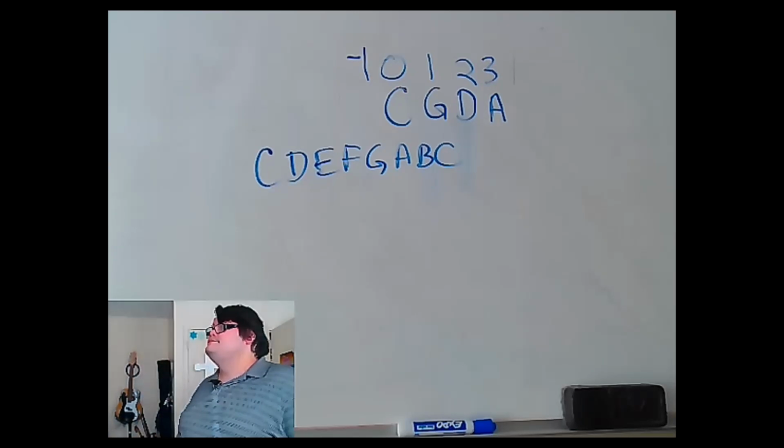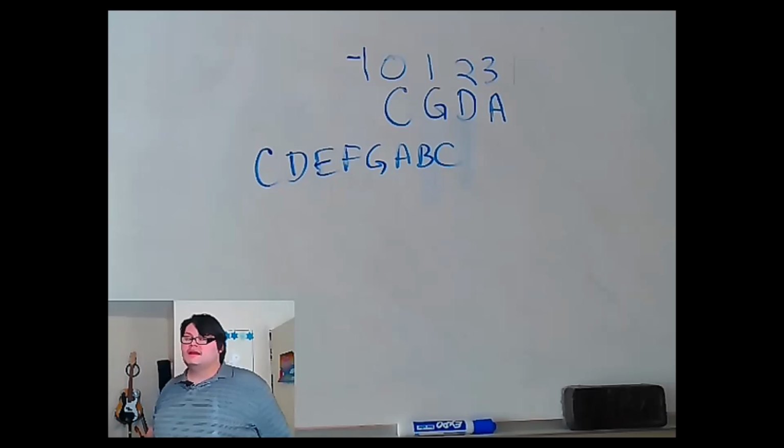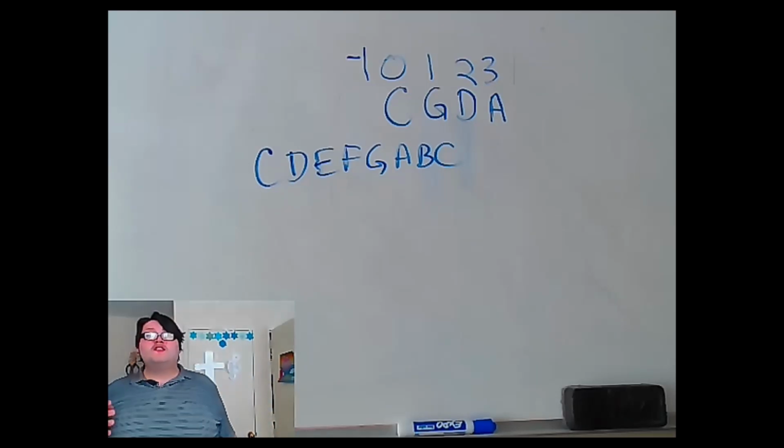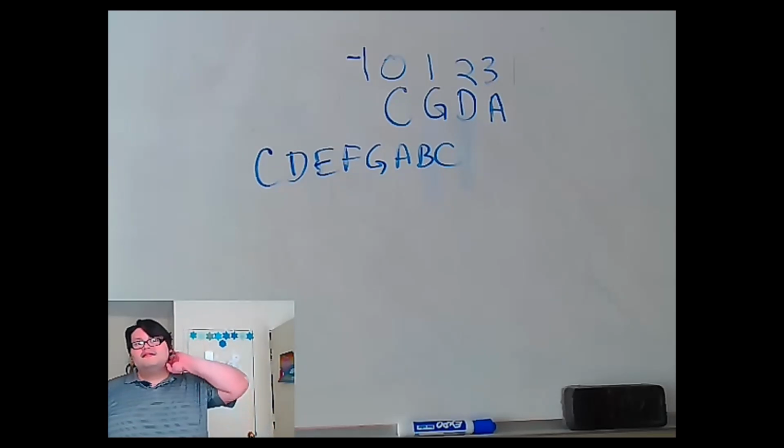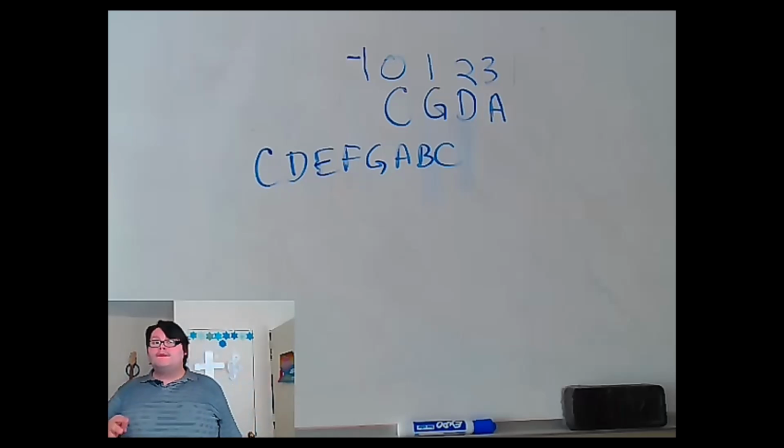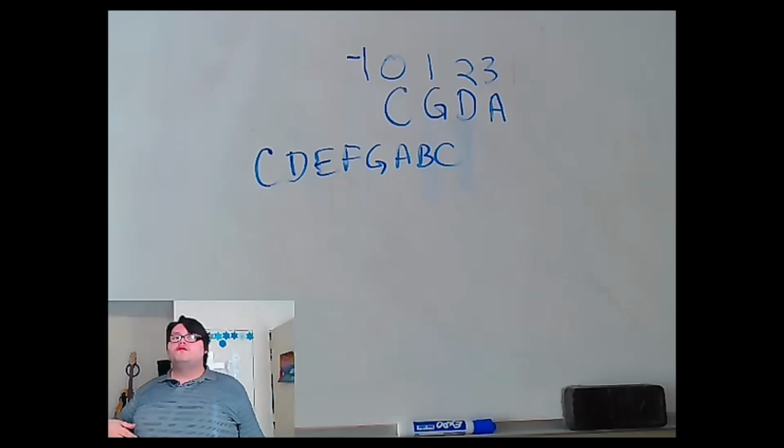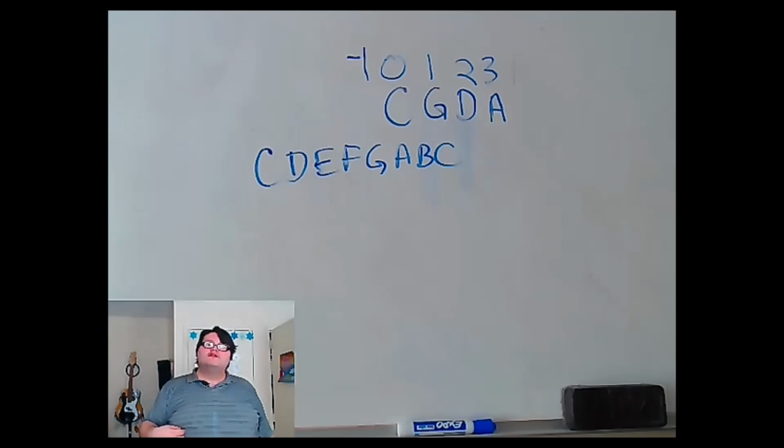Now, the way they figure this out is by counting up to 4. That'll tell us the next scale we're going to move backwards to start incorporating flats.